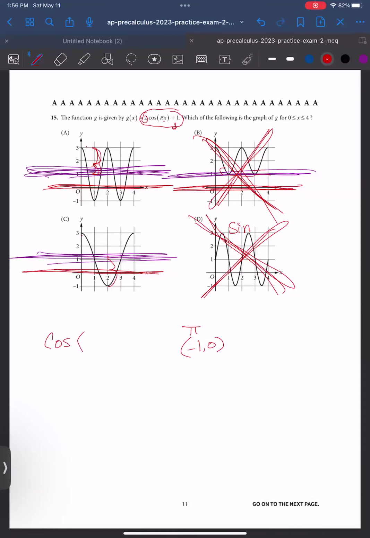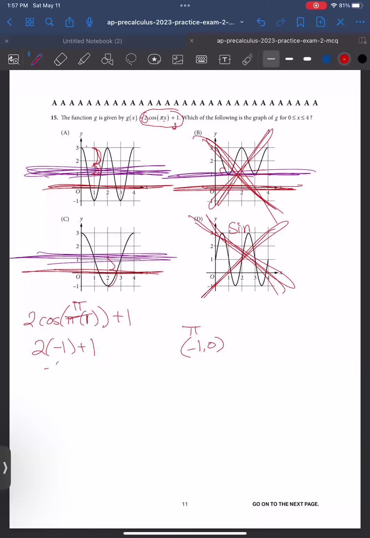So my cosine is always going to be -1. So if I had this all, and let's say x was equal to 1, that would be cosine, or I can just get rid of the cosine part. Okay, wait. Let me write out what I'm doing. So I'm now doing 2 cosine of pi, and x I'm going to make 1, plus 1, right? And like I said, this is just going to equal pi, and cosine of pi is -1.